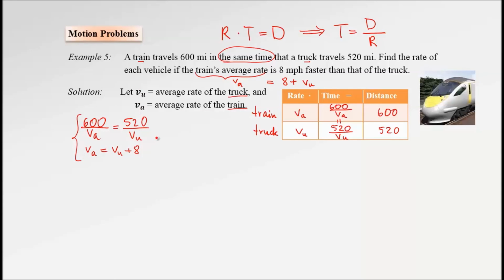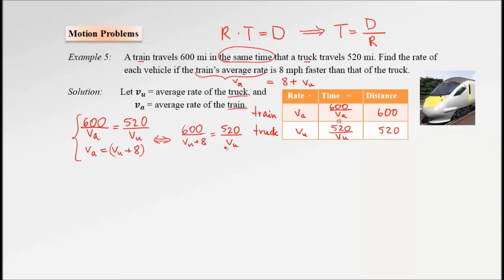Okay, in order to solve this system, it's enough to substitute VU plus 8 instead of VA in the first equation. So we'll end up with 600 over VU plus 8 equals 520 over VU.